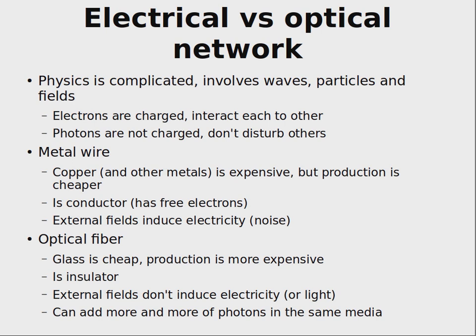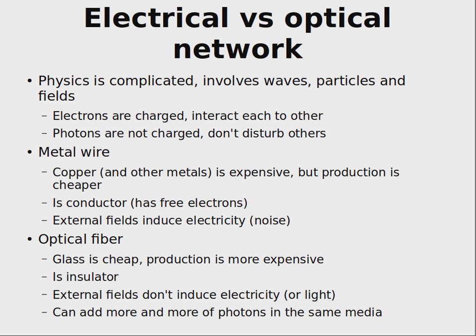Now a little bit about physical things. In most cases, for local networks, you use wired networks, mostly because they are physically easier to create and handle. For optical networks, the precision needed is much bigger, and because of that, they tend to be more expensive. But a good thing about optical fibers is that they do not induce electricity.